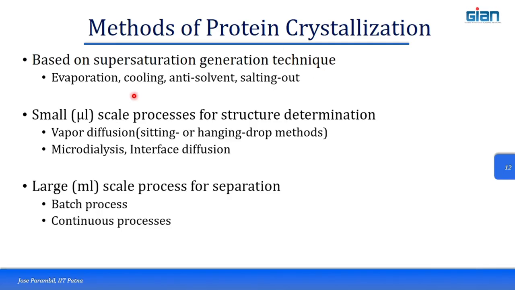We could also have microdialysis, where membrane separation can be utilized, or methods based on interfacial diffusion and so on. In large scale processes, we will see a few examples of both batch. No, batch we'll skip. We'll move into continuous processing, how crystallization can be done from a separation perspective.